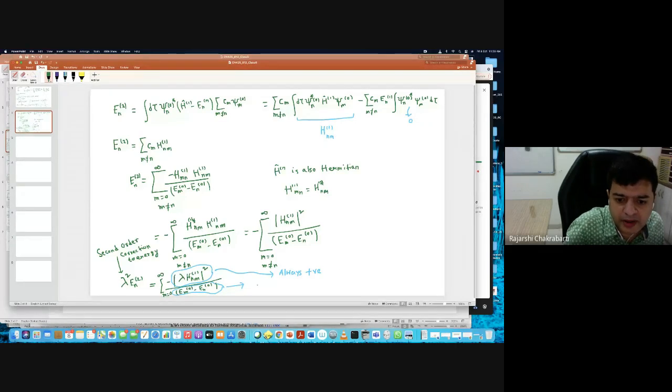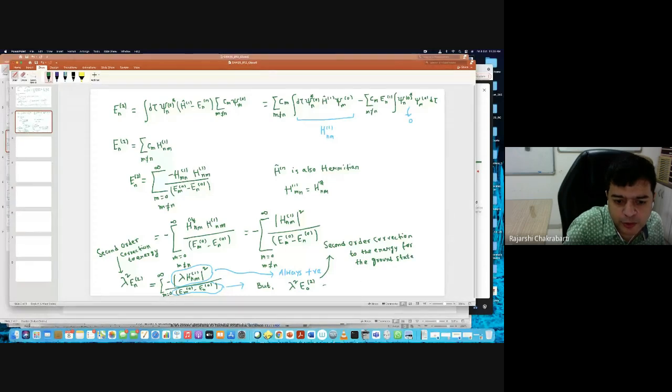But if one wants to see this quantity, lambda squared E_0^(2), the second order correction to the energy for the ground state, tell me what is going to happen.